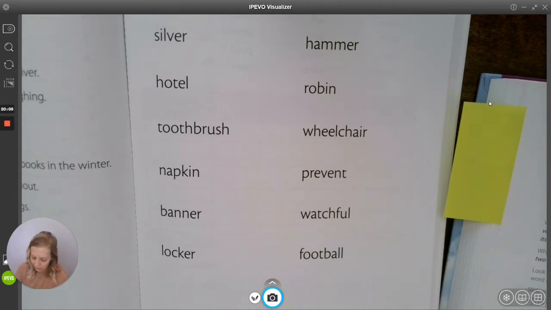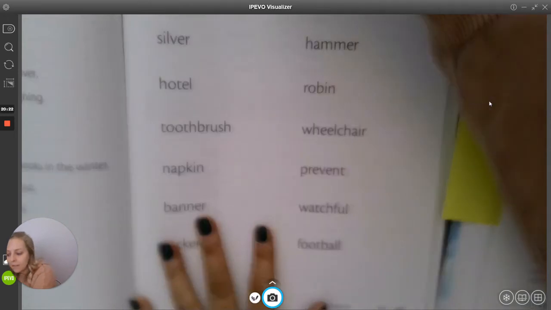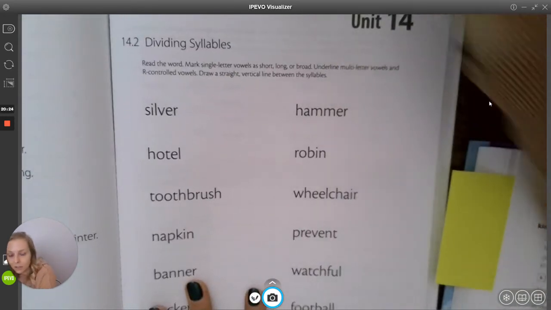So what you're going to do is read the word, mark single letter vowels as short, long, or broad. Underline multi-letter and R-controlled vowels. Draw a straight vertical line between the syllables. And all of that is up here in your directions.